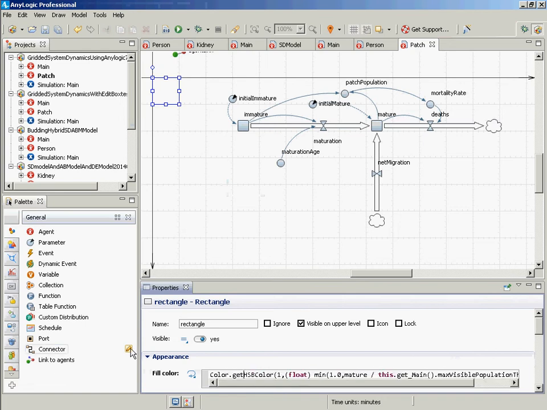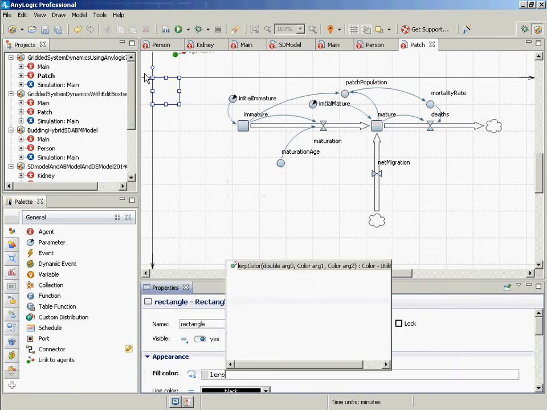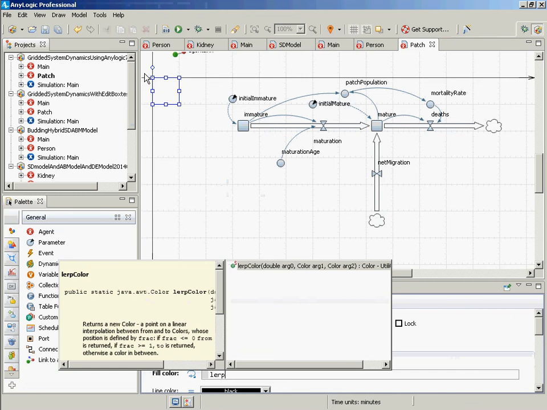I will tell you this, there's a very nice AnyLogic function called lerp color, L-E-R-P color, that I'm not using here, but which could also have been used. What lerp color does is interpolate between two colors.